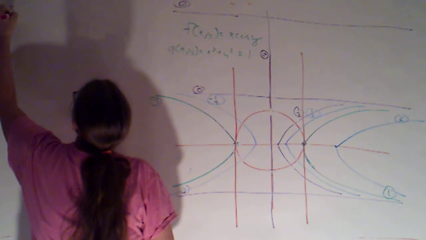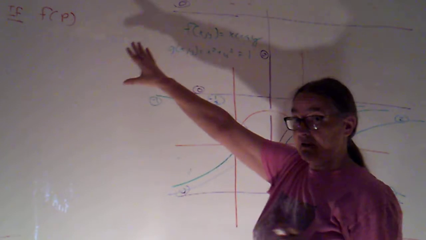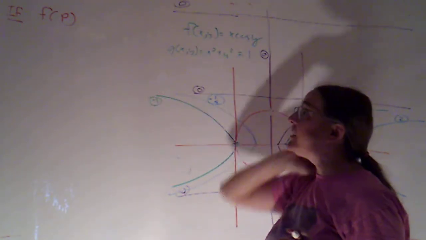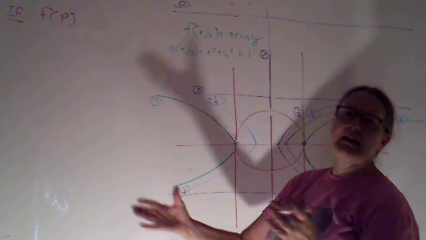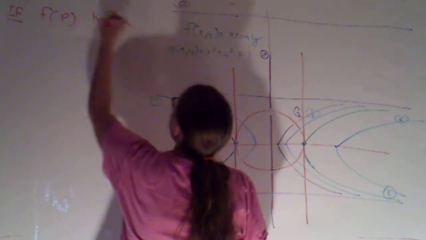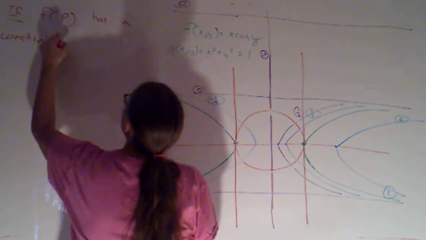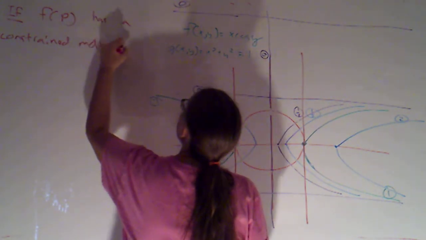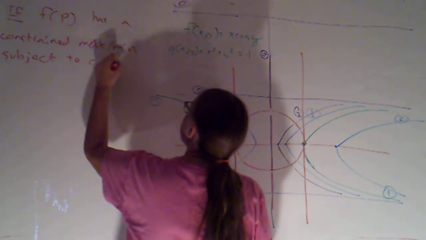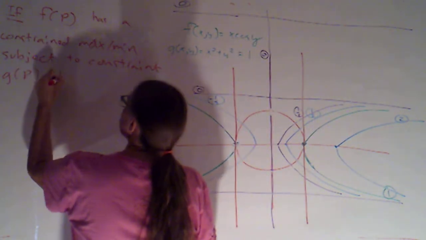Okay. If f of p, now I'm going to state it generically, so p could be a point in 2 space or a point in 3 space. This applies equally well to functions of 2 or 3 variables, even more, but we won't go there. Okay. If f of p has a constrained max or min subject to the constraint g of p equals k.